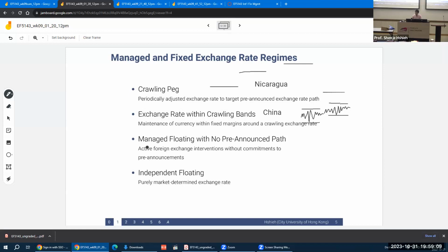Okay, next one, managed floating with no pre-announced path. This is like South Korea and Thailand. What this means is that they do have an ulterior motive for maintaining the peg.